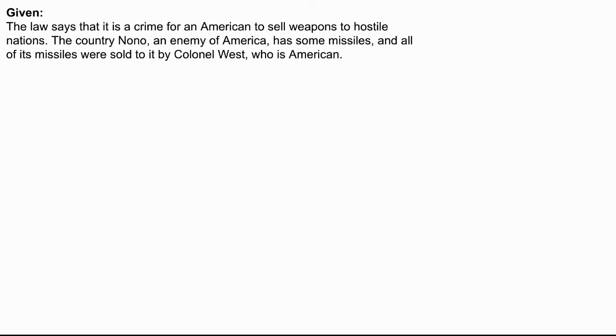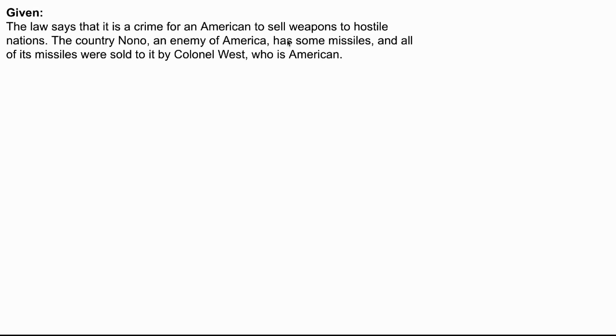So let's take an example and see how you would use forward chaining to arrive at the inference that we are interested in. What is given to you is this situation. The law says that it is a crime for an American to sell weapons to hostile nations.